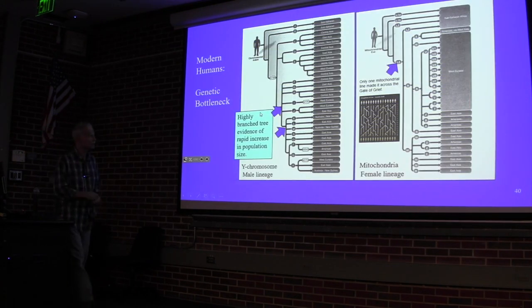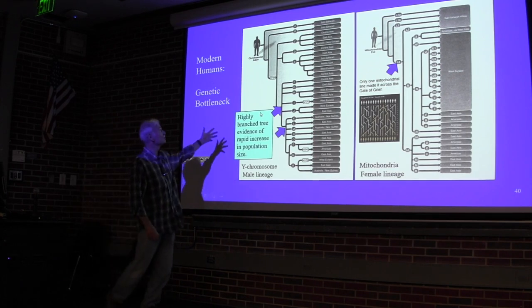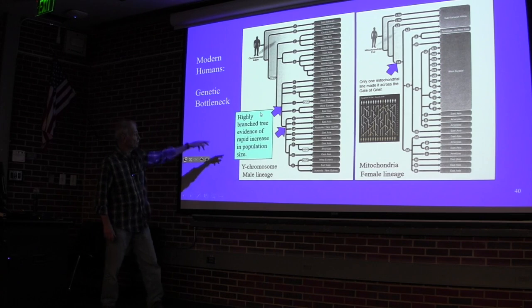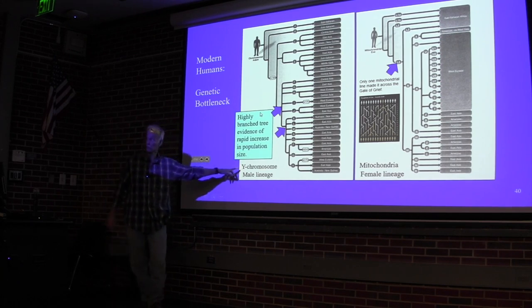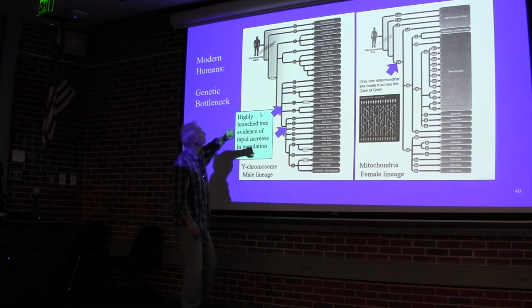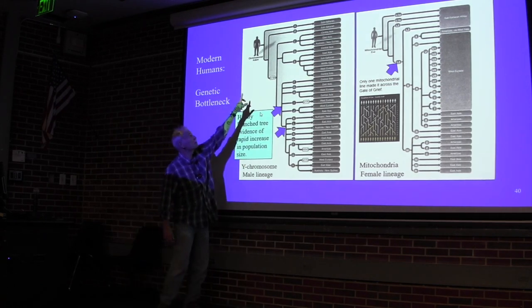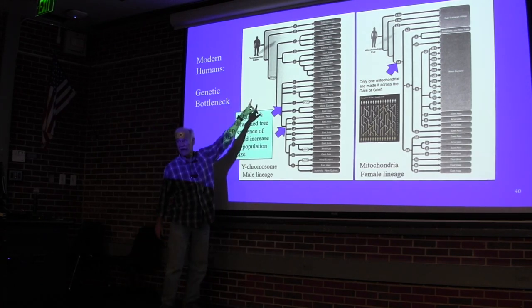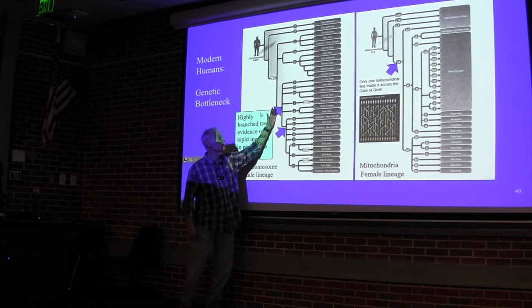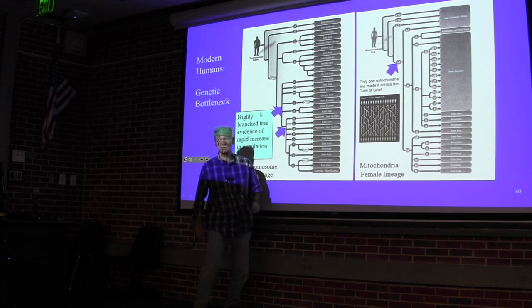This illustrates the genetic evidence for the so-called bottlenecks. You see it in the Y chromosome, which of course is in the male. You see this big explosion, with the bottleneck being represented by lack of diversity in this portion here, early lack of diversity, then an explosion into the different groups.